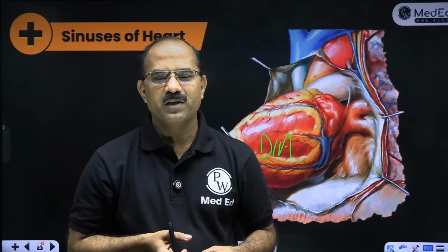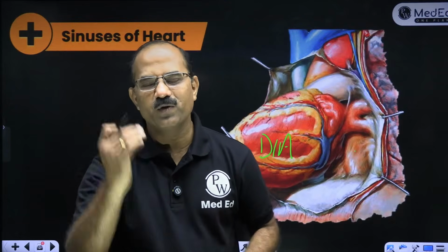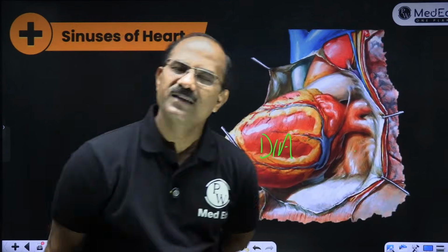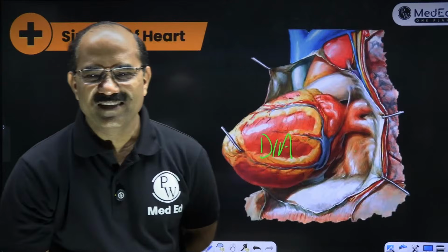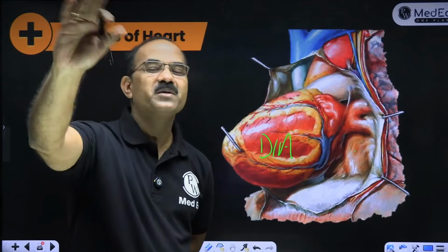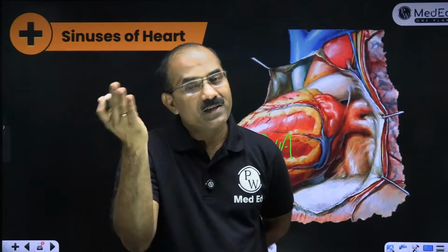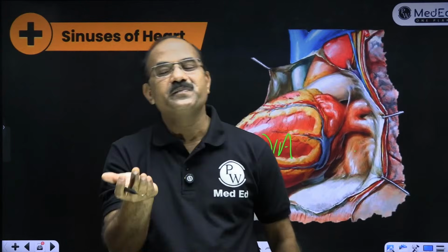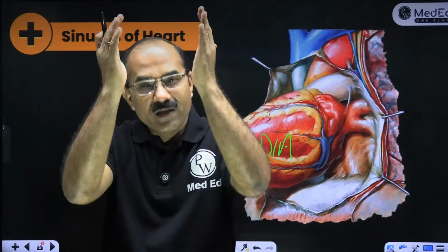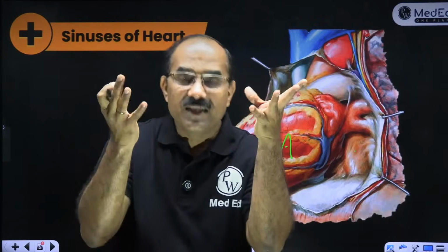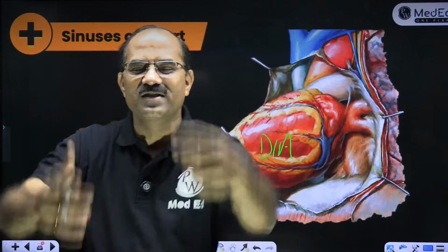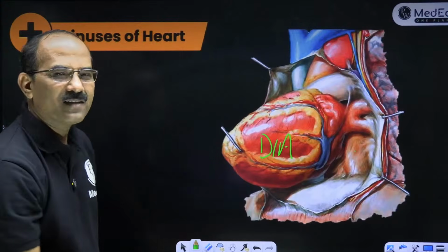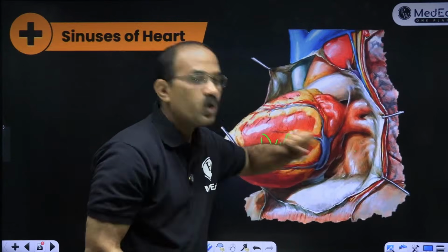Lesser sac. Yes, lesser sac, Akshat had answered that. Not stomach bed, children. Stomach bed is the one on which the stomach is lying. The space between the stomach and the stomach bed is the lesser sac, which helps in distension of the stomach. Fine. Okay, so that's the oblique sinus.